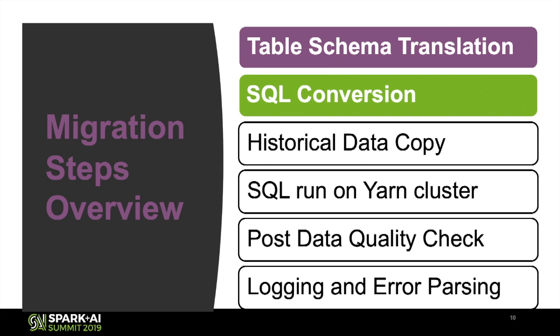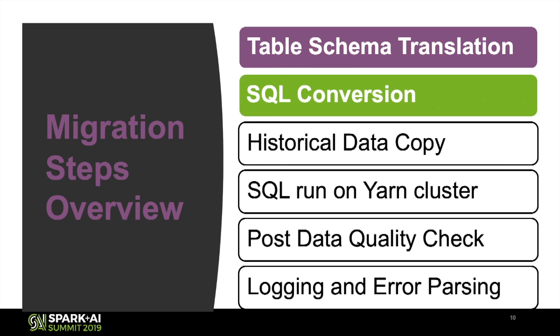After that, the historical data needs to be copied from ADBMS to Apache Spark. Then it is ready to submit the Spark SQL job to the Yarn cluster, and we use Yarn for resource management. When the SQL is finished, a post data quality check is a must to ensure the data quality.